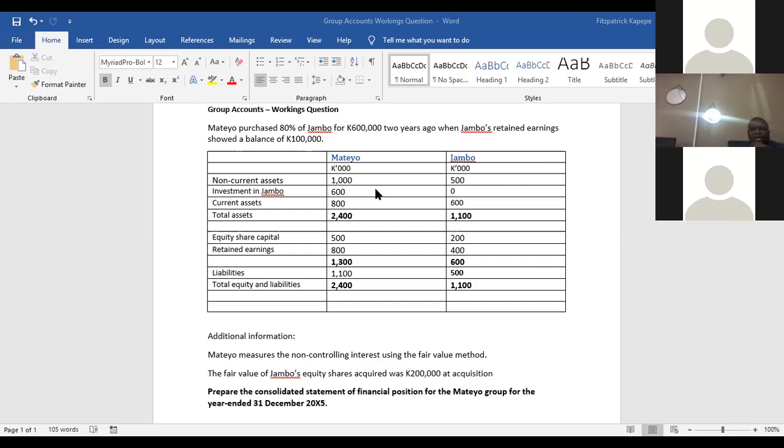After the fair value consideration, which is 600, next to get the net assets, what do we do? We get the NCI acquisition using the fair value, which is 200. So you add the 600 to 200, which is 800.